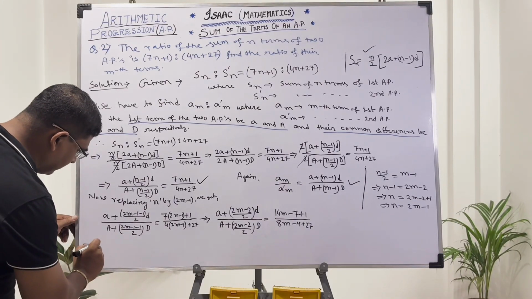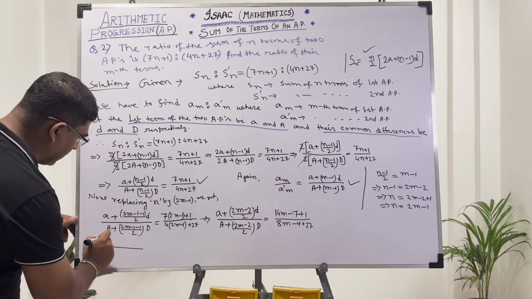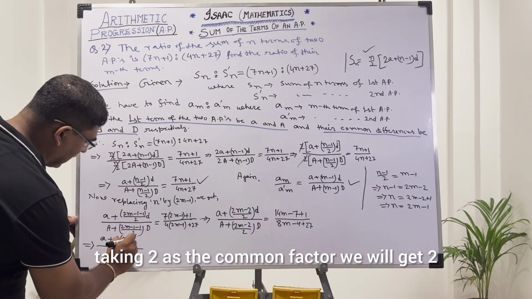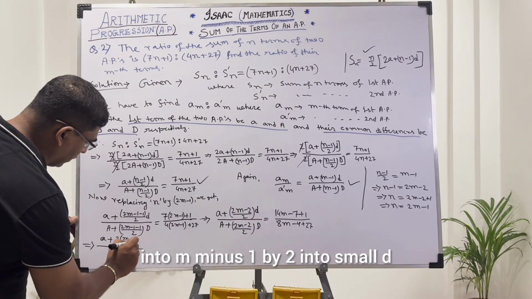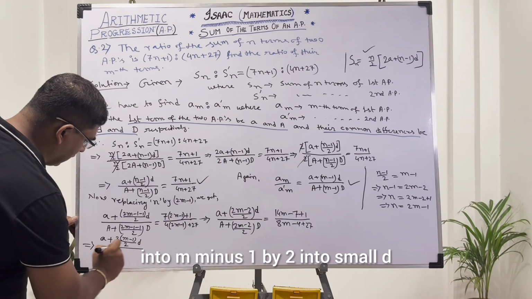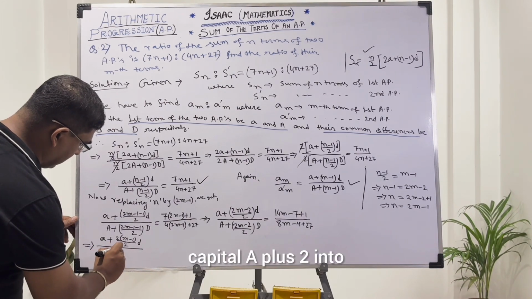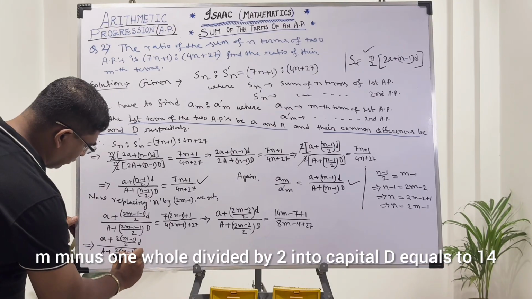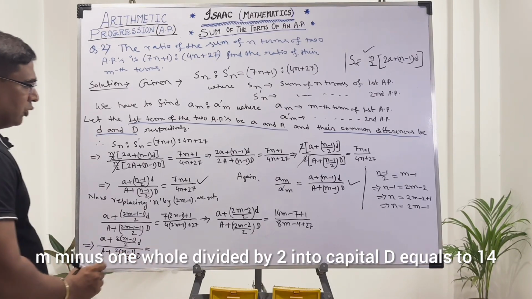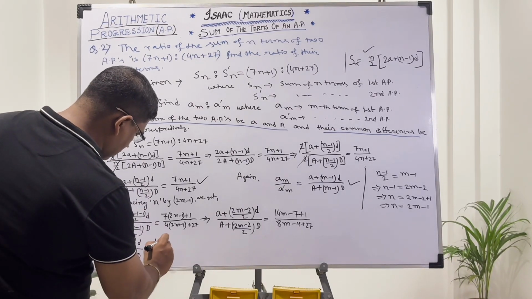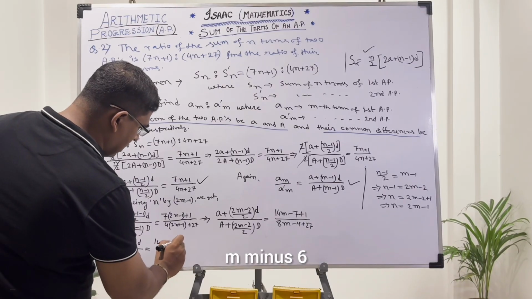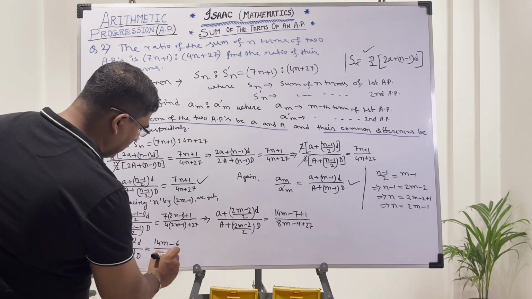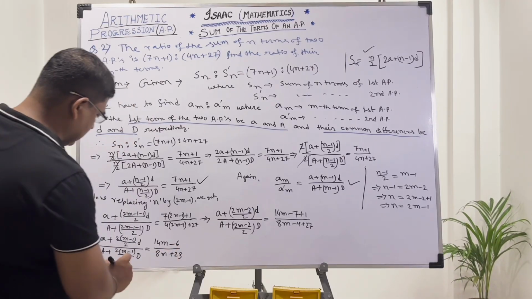This will give a plus, taking 2 as the common factor, we will get 2 into m minus 1 by 2 into small d, capital A plus 2 into m minus 1 whole divided by 2 into capital D equals to 14m minus 6 whole divided by 8m plus 23.